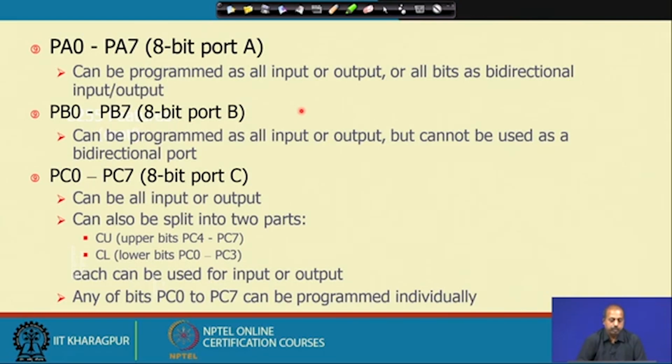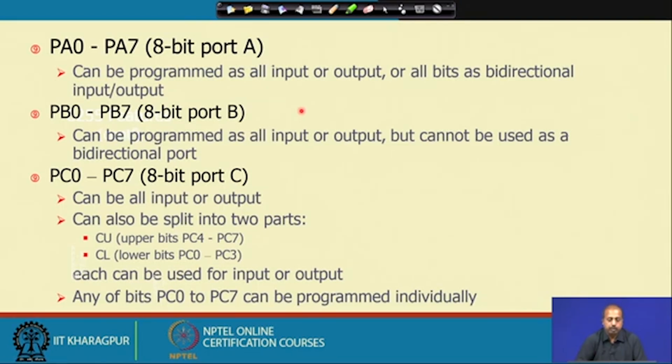And we have got port C. Port C is PC0 to PC7, again an 8-bit port. Again, all can be done as input or output. It again cannot be put in bidirectional mode, but this port C can be split into 2 ports. We can say port C upper bits and port C lower bits, CU and CL. Upper bits are PC4 to 7 and lower bits are PC0 to 3.